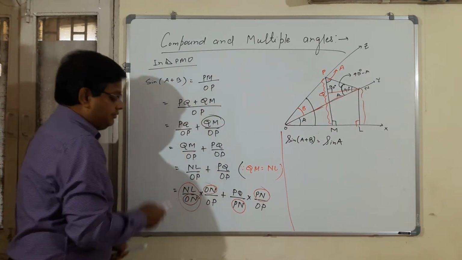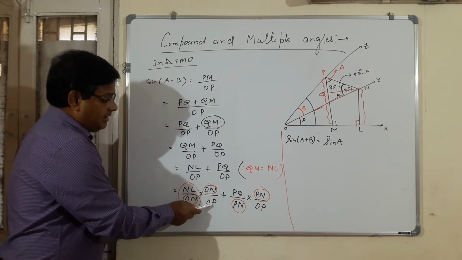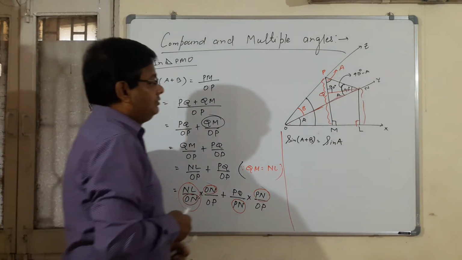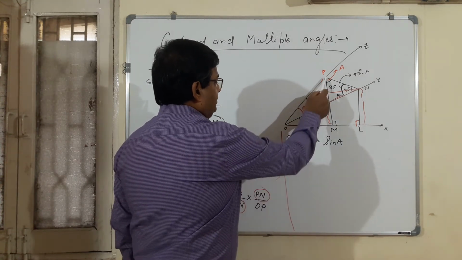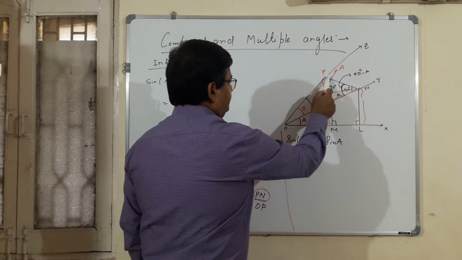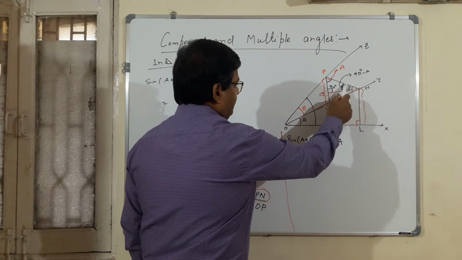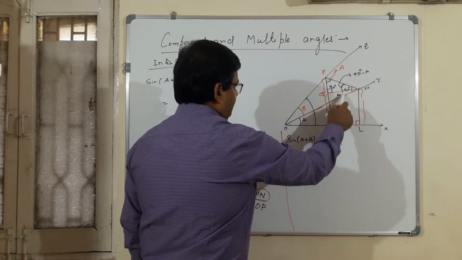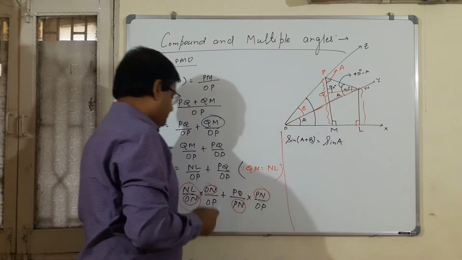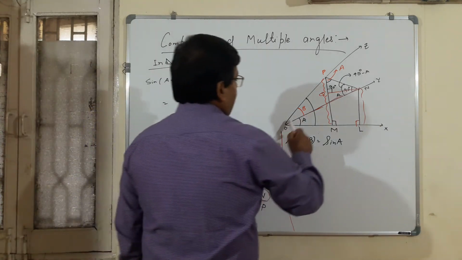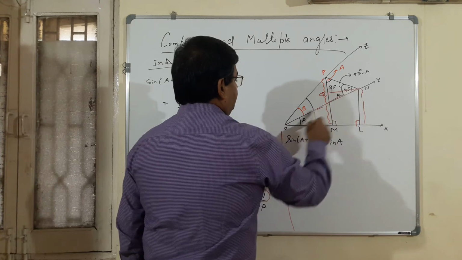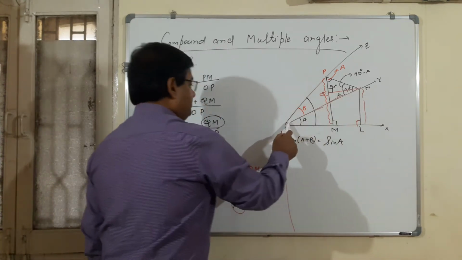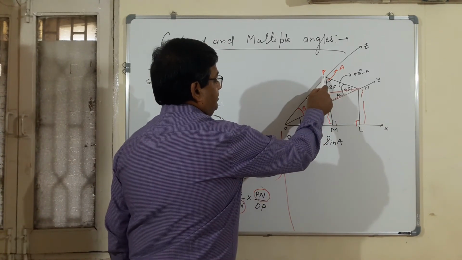Now ON divided by OP. See here in triangle PON. PON is a right triangle because this complete angle is 90 degrees. So this ON becomes the base and OP becomes the hypotenuse.